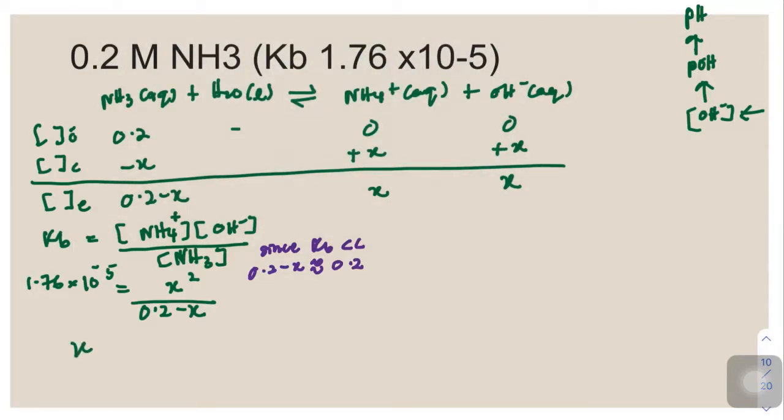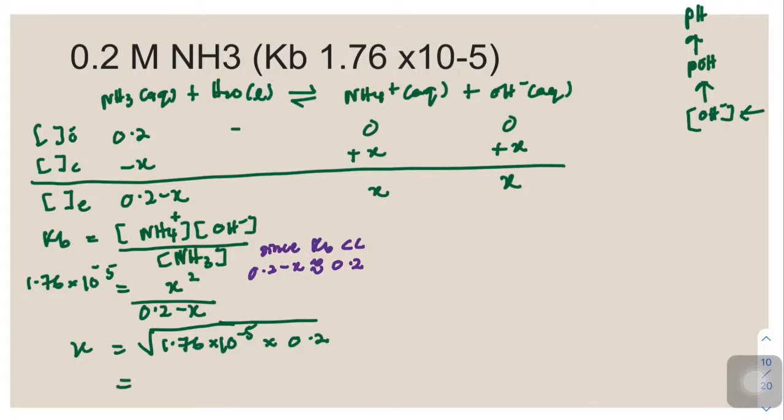So X is then equal to the square root of 1.76 times 10 negative 5 multiplied by 0.2. Press the calculator, and we get the answer.